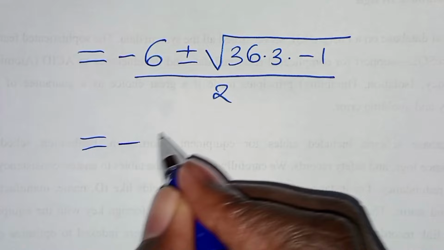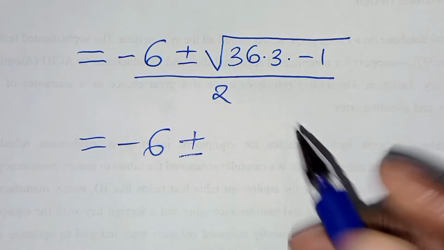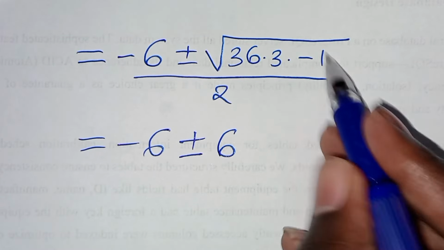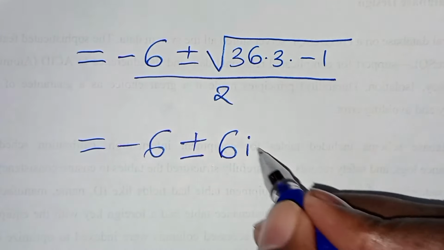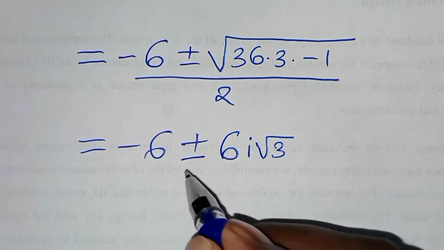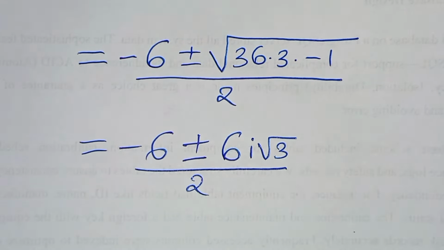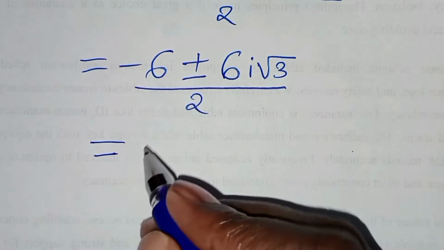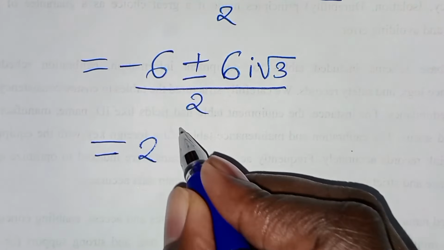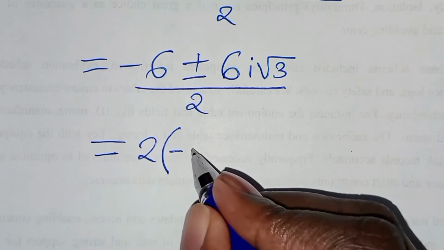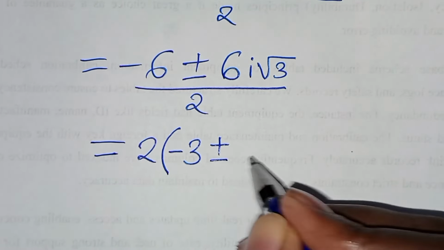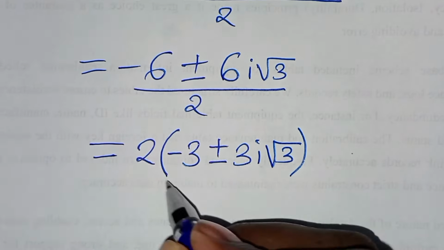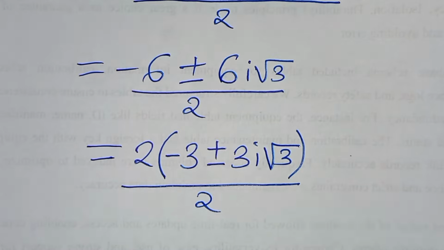Now here we have minus 6 plus or minus the square root of 36, this is 6. The square root of minus 1, this is i. Then square root of 3 divided by 2. Now the next step is that we can factor out here 2. So we'll have 2 into the parentheses minus 3 plus or minus here we have 3i square root of 3 divided by 2.